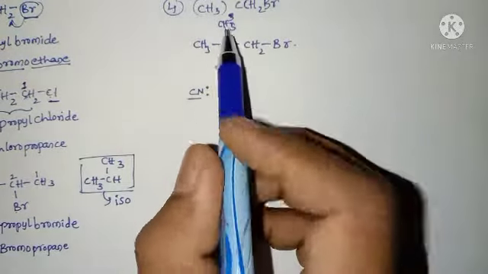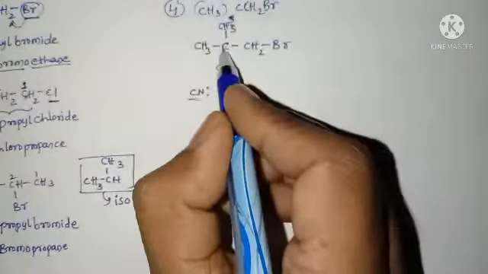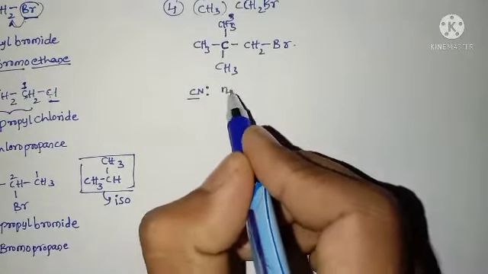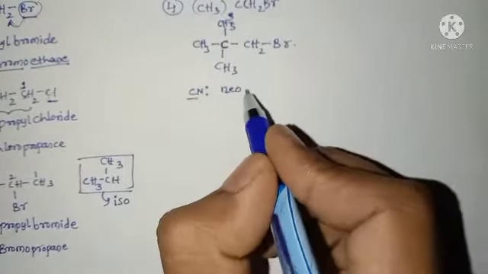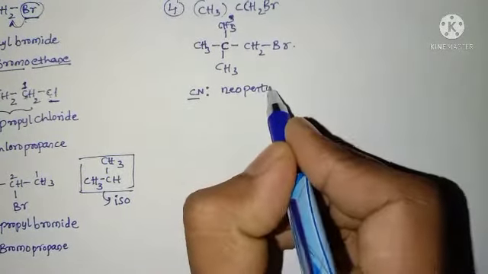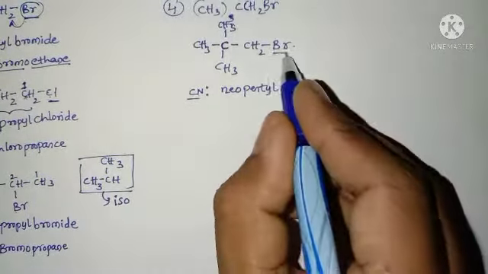This is the carbon atom to which 4 other carbon atoms are attached, so for this structure we use the prefix neo, and 1, 2, 3, 4, 5 carbon atoms are there, that is neopentyl, followed by the bromine atom, that is bromide. The common name of this is neopentyl bromide.